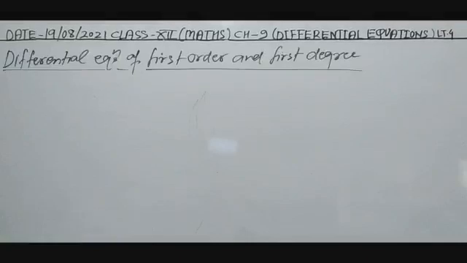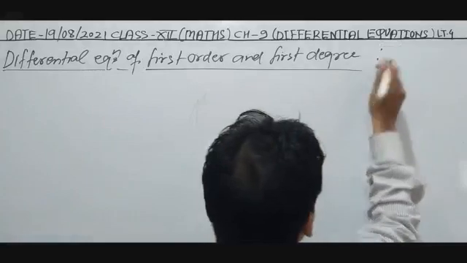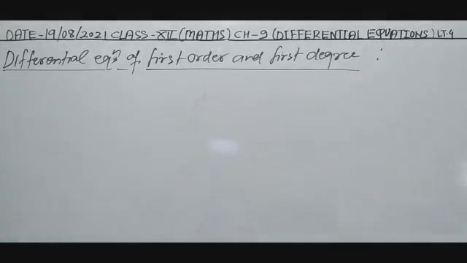Now see, the heading is differential equation of first order, first degree. First order means the order will be 1 and first degree means the degree will be 1. So how can we define a differential equation of first order and first degree?